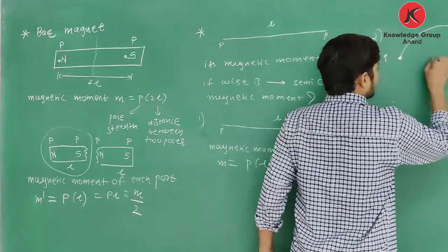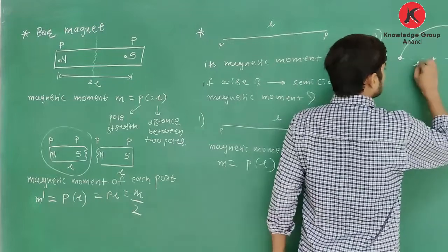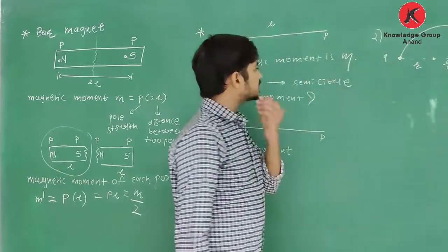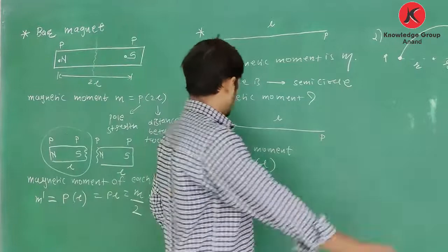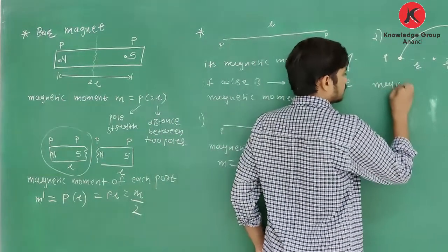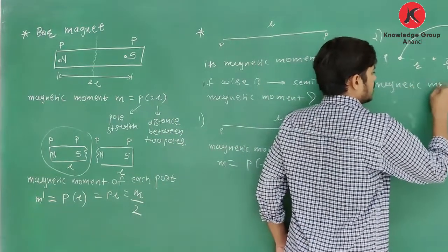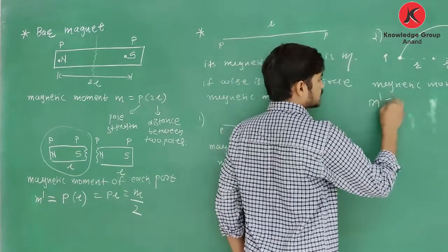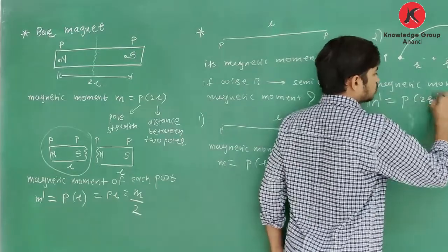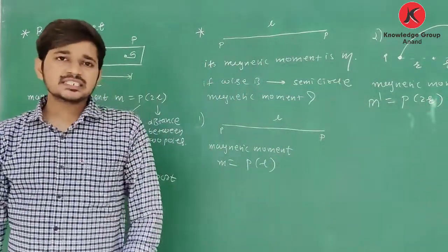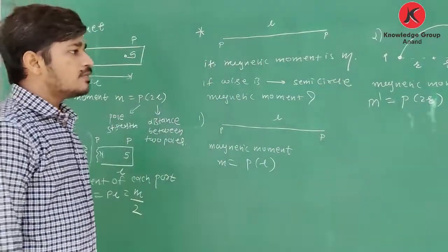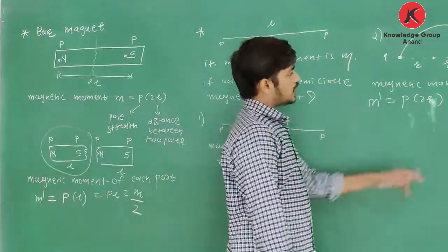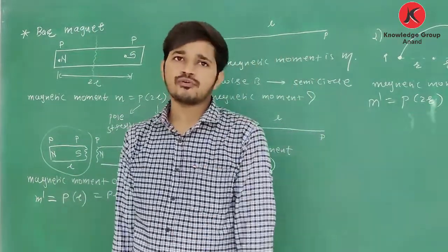Now what is the distance between them? In this case, magnetic moment M dash is equal to P into 2R, because now the distance between two poles is 2R. And how to find the value of R?